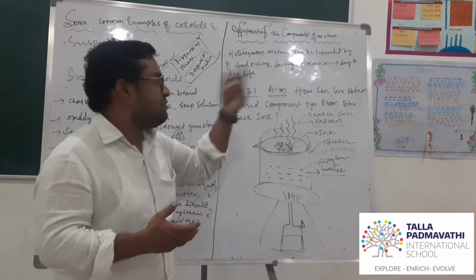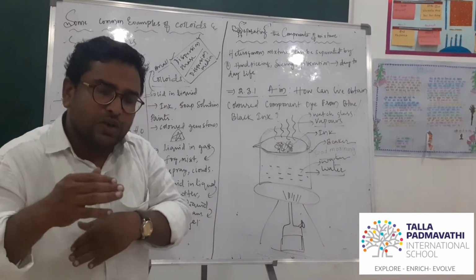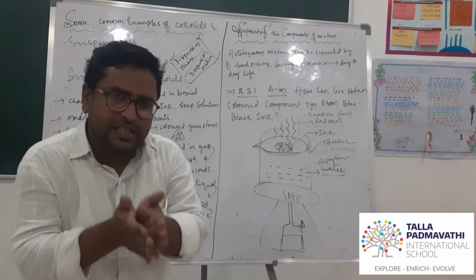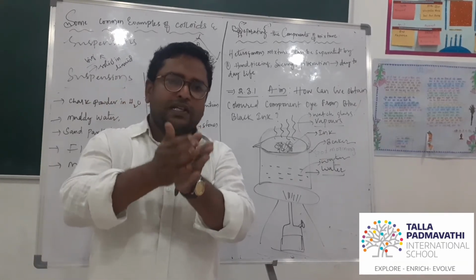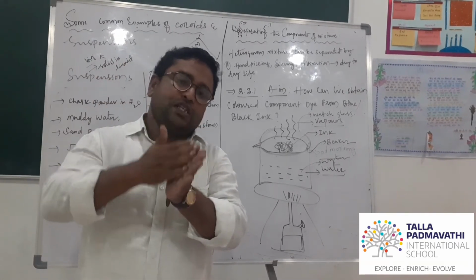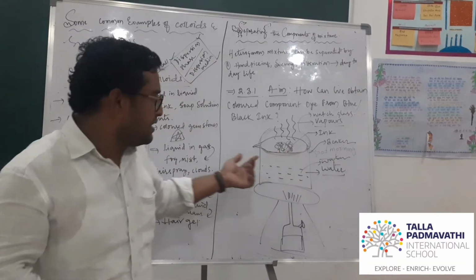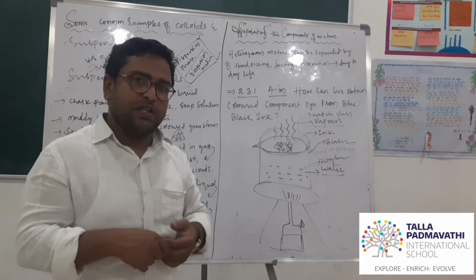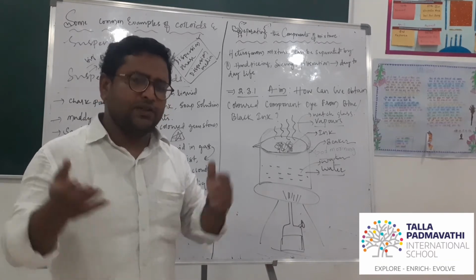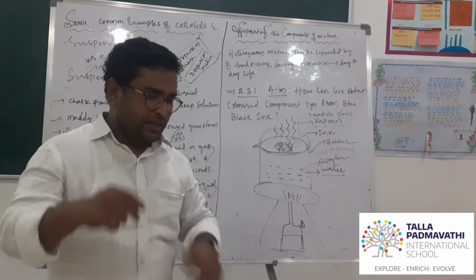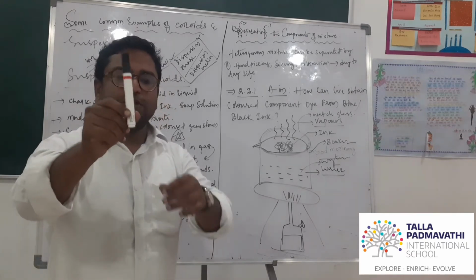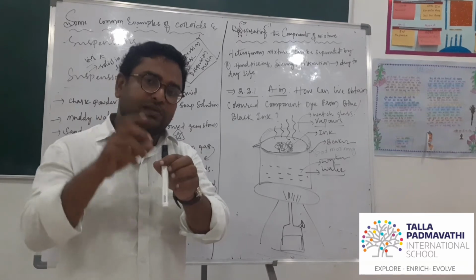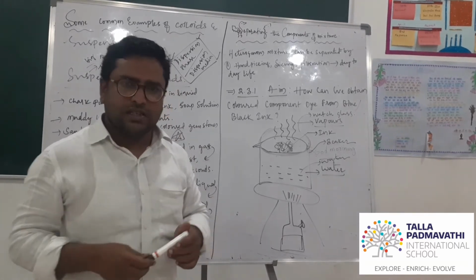Now let's discuss one of the best separation techniques. Colloids or suspensions can be separated. Now, ink, whether you call it a suspension or a colloid, is a heterogeneous mixture. The pen ink is made up of heterogeneous substances.